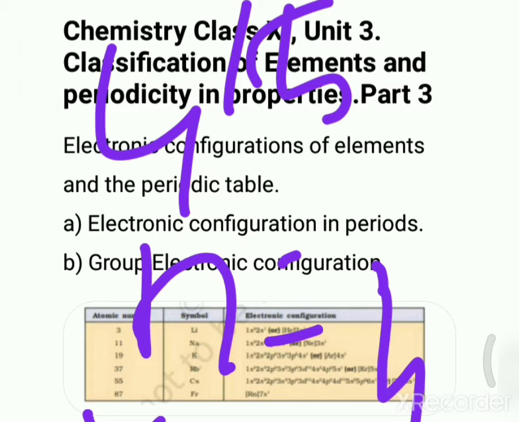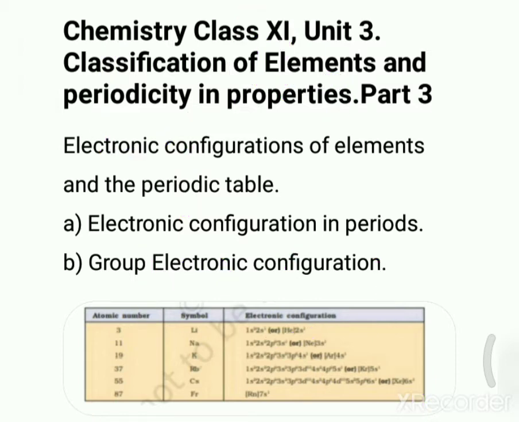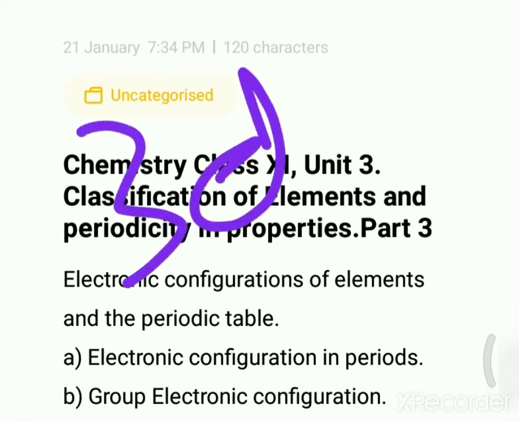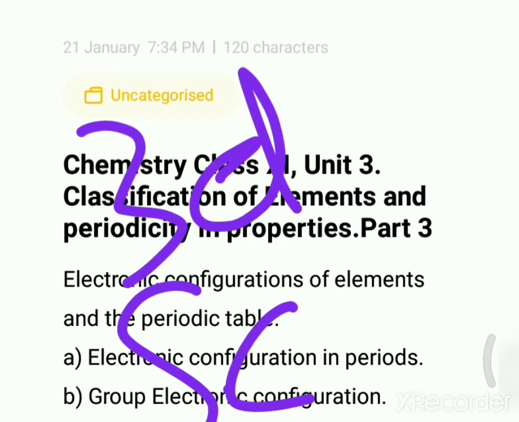Now you may note that before the 4p orbital is filled, filling of the 3d orbitals becomes energetically favorable, and we come across the so-called 3d transition series. The 3d transition series starts from scandium, whose atomic number is 21.